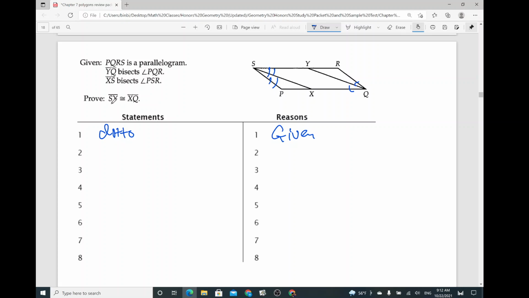So in order to prove that SY is congruent to XQ, one thing we need to show here is that SYQX is a parallelogram. If this one's a parallelogram, then the opposite sides have got to be congruent.